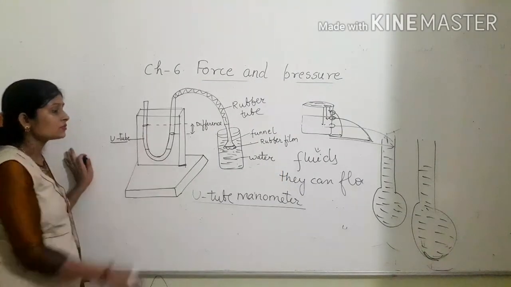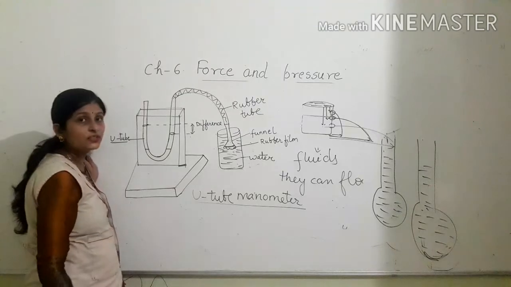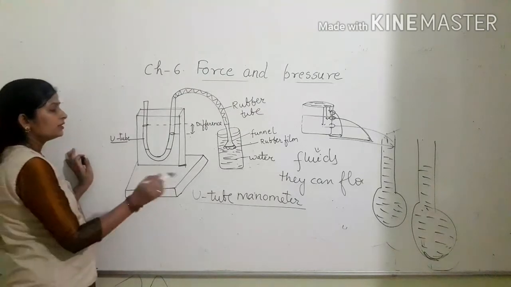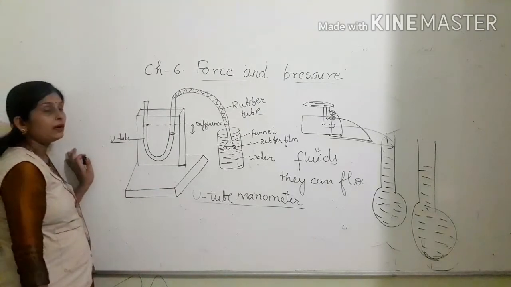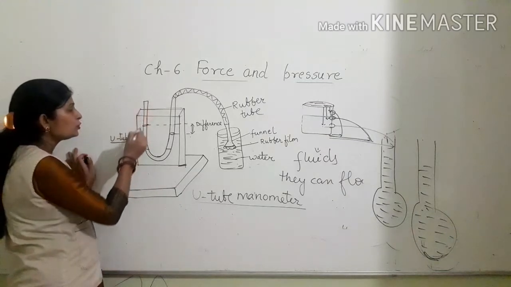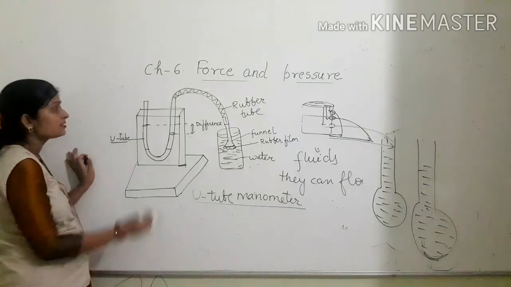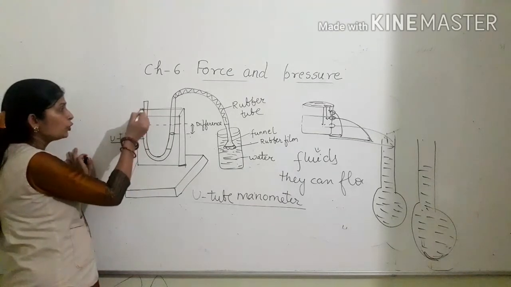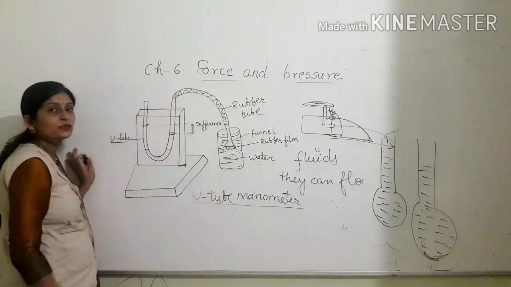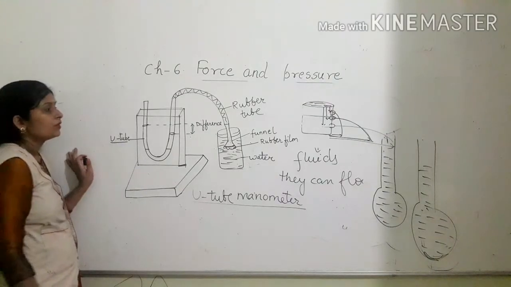Now you can see the structure of the U-tube manometer. It is very simple. This U-tube manometer is made up of a U-shaped transparent glass tube. So you can see this is a U-shaped transparent glass tube.